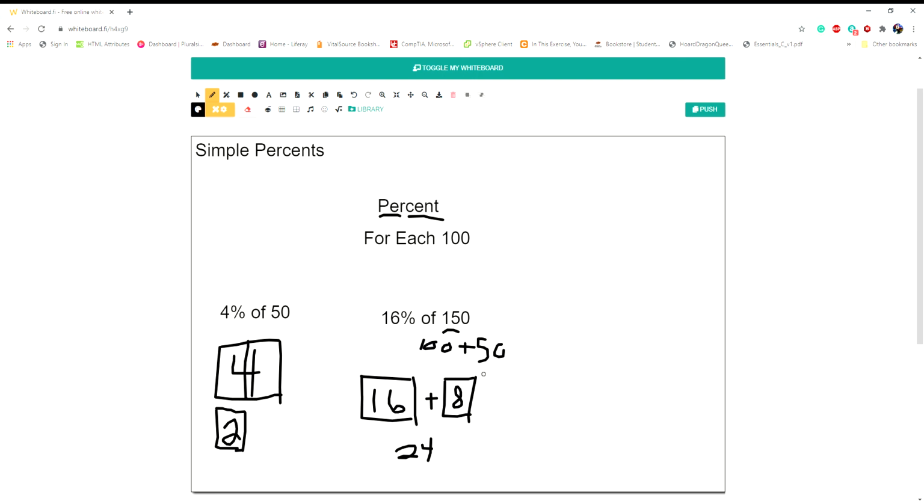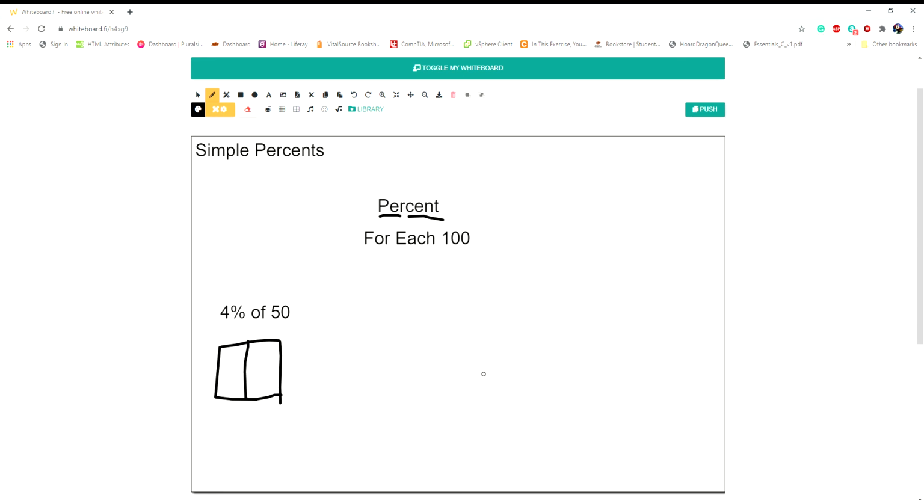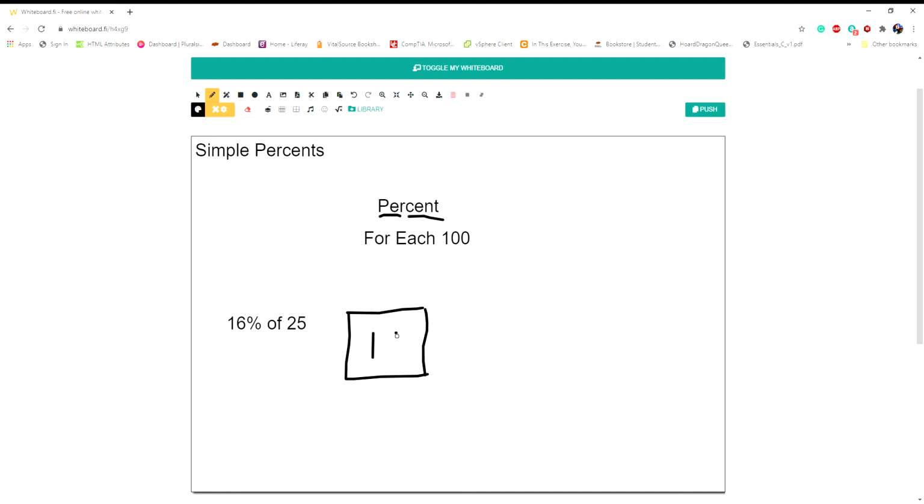And we can break it down even smaller. Instead of 100 or 50, we're going to take 25. And I'm going to show you what happens. I'm using nice, pretty, even numbers. You can still work with odd numbers the same. So let's use 16% again. 16% of 25. So let's take our box. We know this whole box is worth 16 if it is 100.